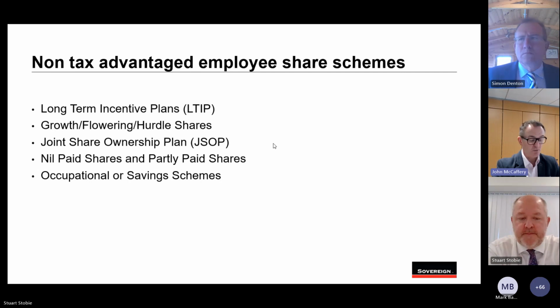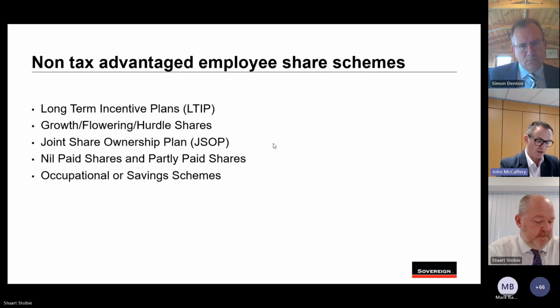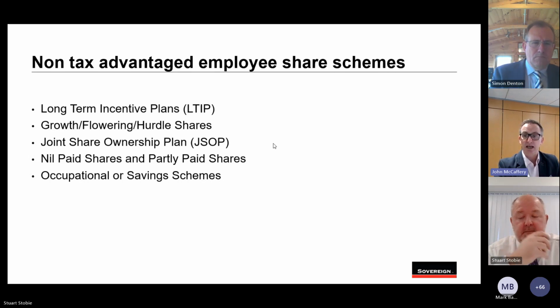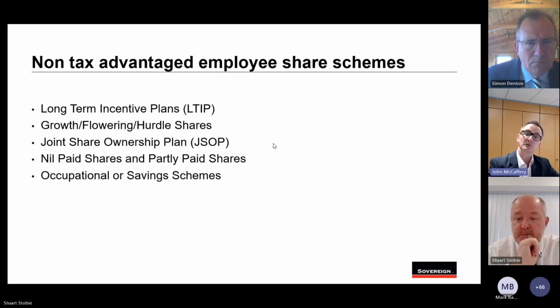These are put in place quite regularly by listed companies, because they can take the shares, sell some on the market, cover your tax charges, and you get cash. To all intents and purposes, it's a bonus through a share arrangement.